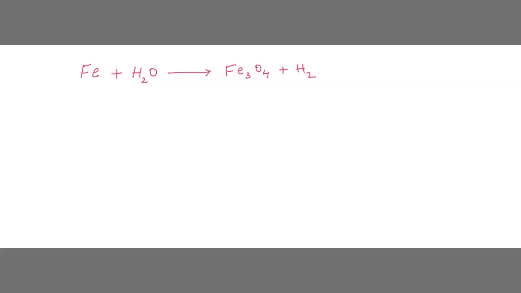Now, children, step number 1. We have to count the number of atoms of various elements on both sides of the equation, that is, the atoms present in the reactants and the atoms present in the products.